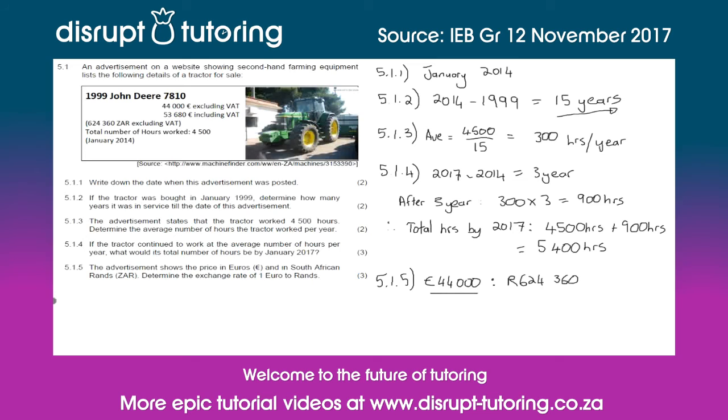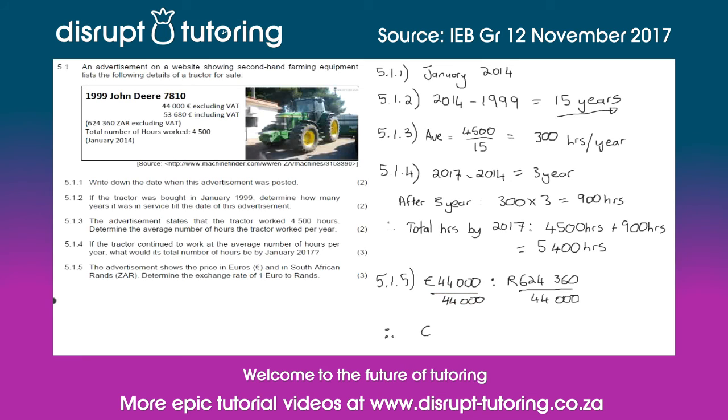So if we divide both sides by 44,000, the left hand side is going to be 1. So we need to divide both sides by 44,000. So this 44,000 is going to come down to €1 because 44,000 over 44,000 is 1.